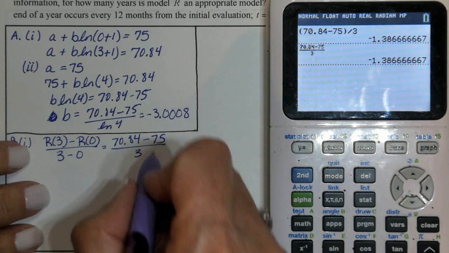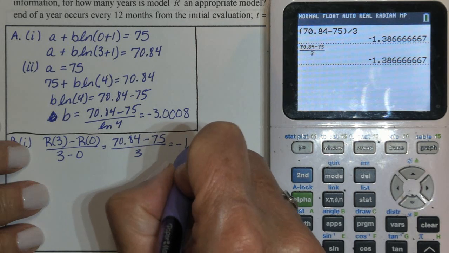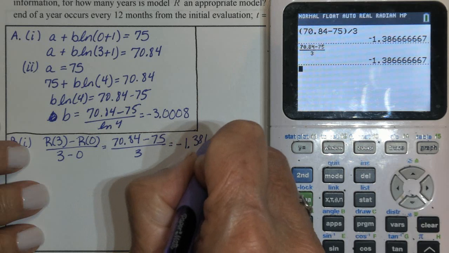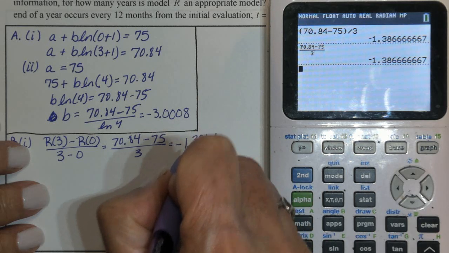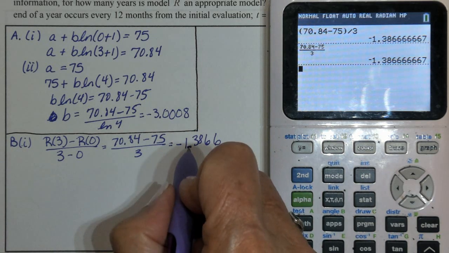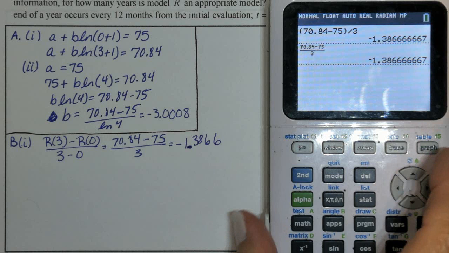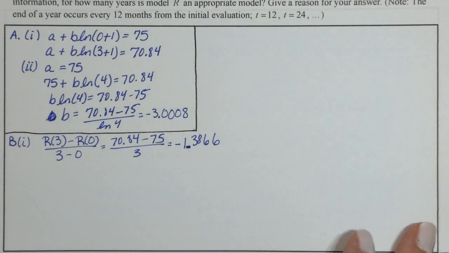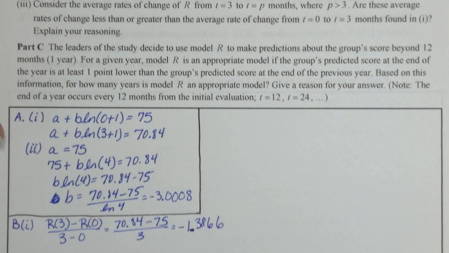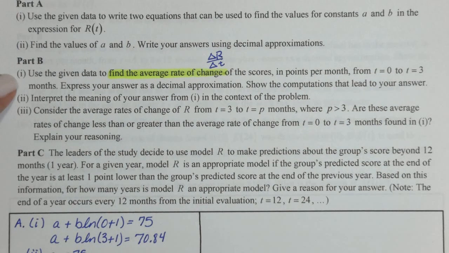So this is -1.3866. You always have to give at least 3 digits after the decimal point. Okay, so that's the average rate of change, part 1. We earned another point for that.